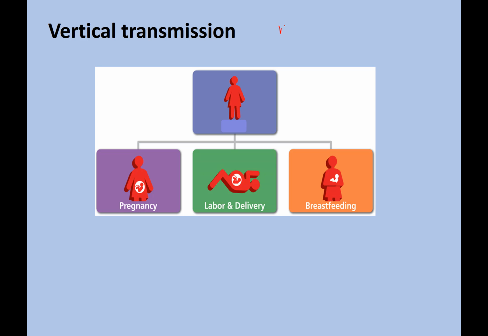Vertical transmission is mother to child. And there are three ways of vertical transmission. So during pregnancy, in utero, right, there are some microbes that can cross the placenta.